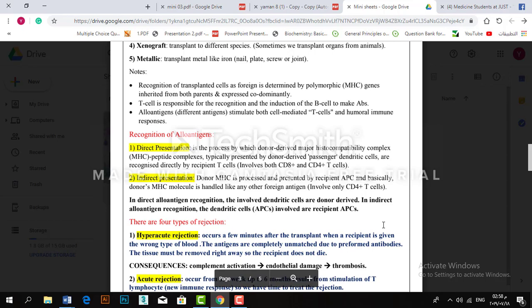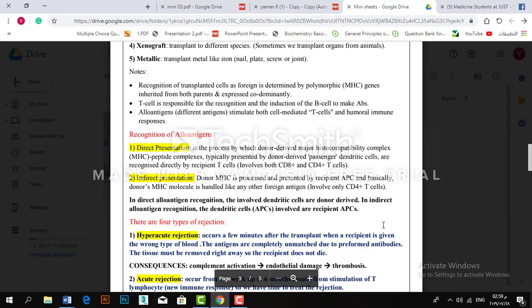Why? The T cell is responsible for the recognition of the transplanted cells, but it needs the MHC genes, because T cells cannot recognize by their own. This is basic information in immunology. The MHC genes are inherited from both parents and expressed codominantly. So the T cell is responsible for the recognition and the induction of B cells to produce antibodies.